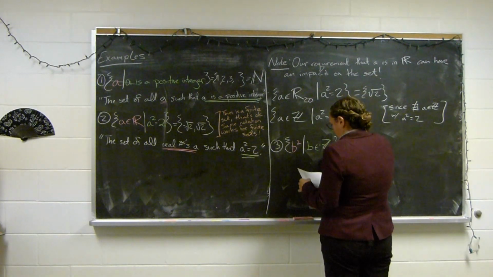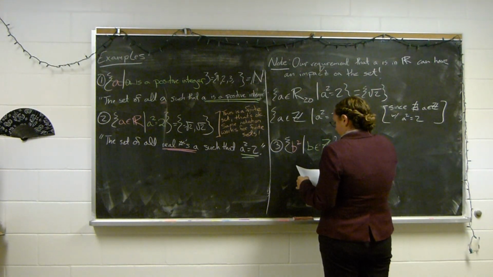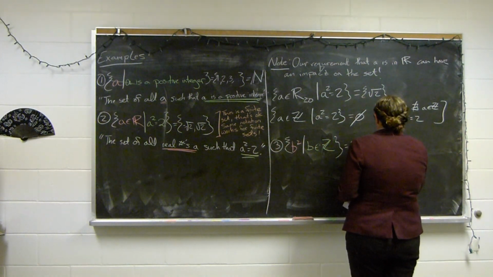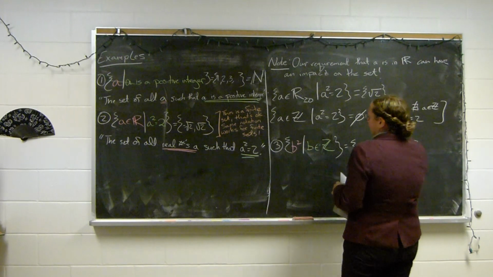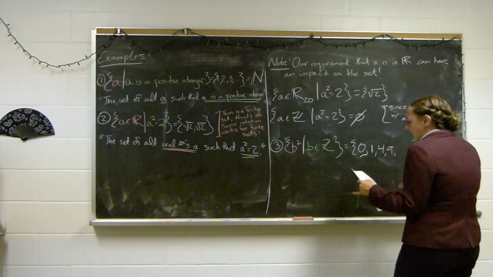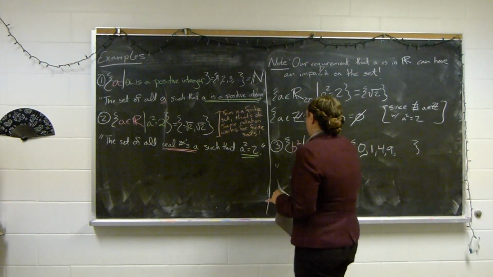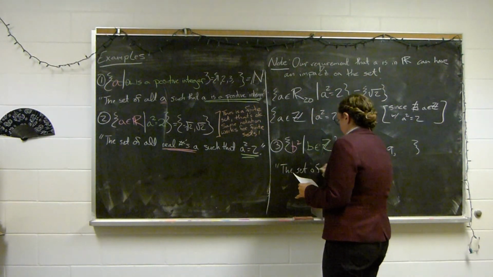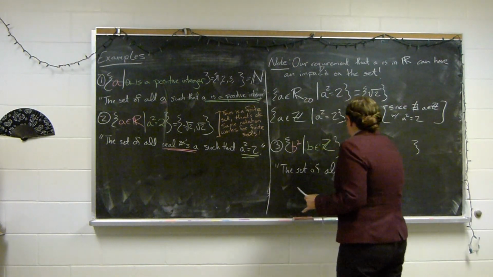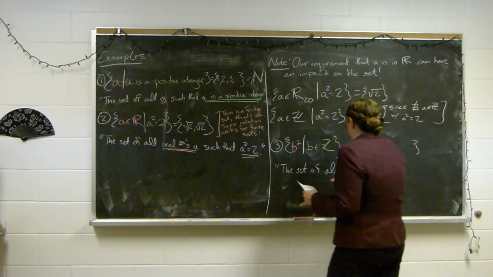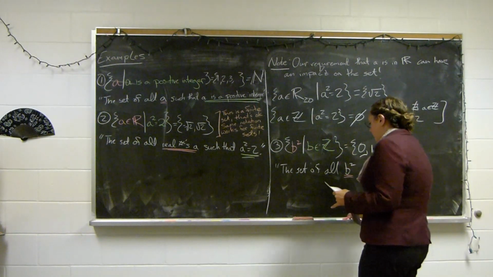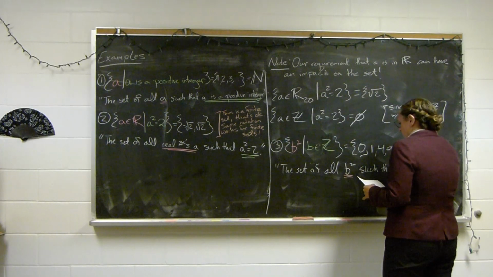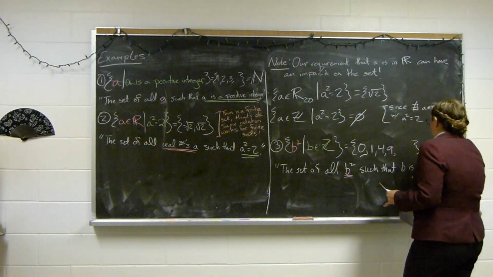Well, I could get 0, I can get 1, I can get 4, I can get 9, I don't get anything negative because I'm squaring. And that's fine. This still works with the same thing where I say that this is the set of all B squared, so I'm putting in all of these options, and by options I mean, such that B is an integer.